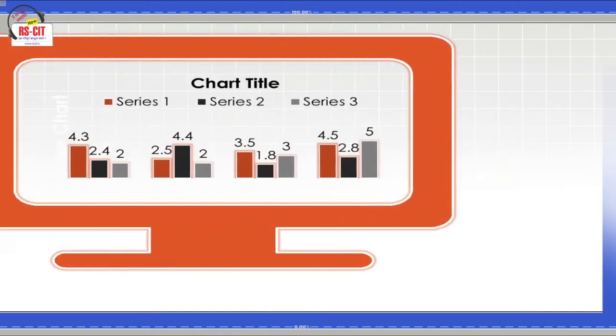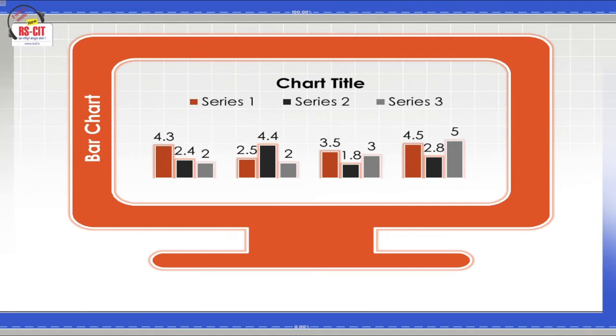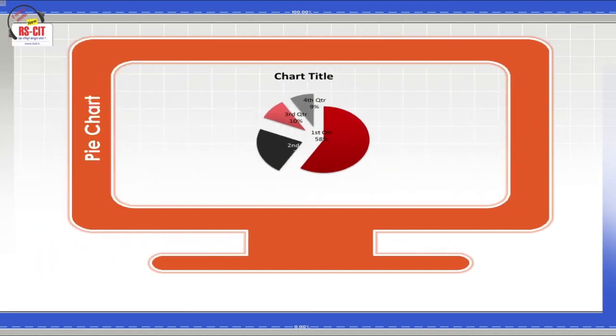Bar charts. Bar charts are similar to column charts, except that bars are represented horizontally rather than vertically. A bar chart emphasizes the comparison between items at a fixed period of time. Pie charts. Pie charts are mainly used to show contribution of each value to a total.